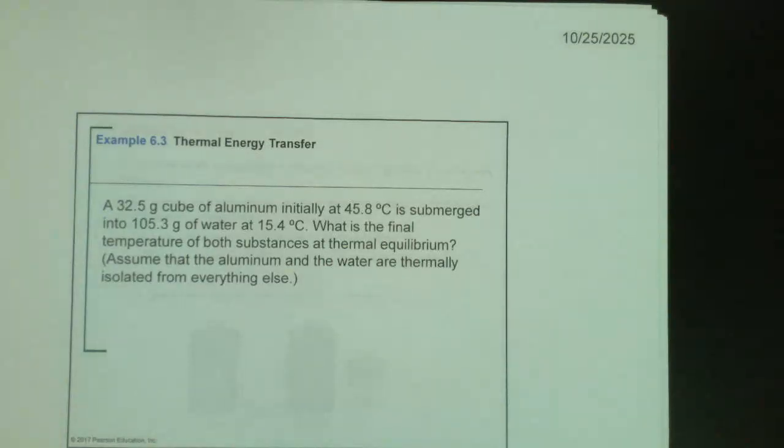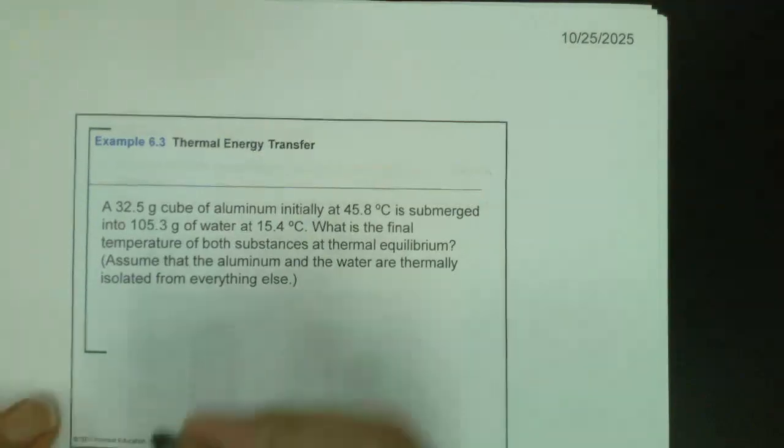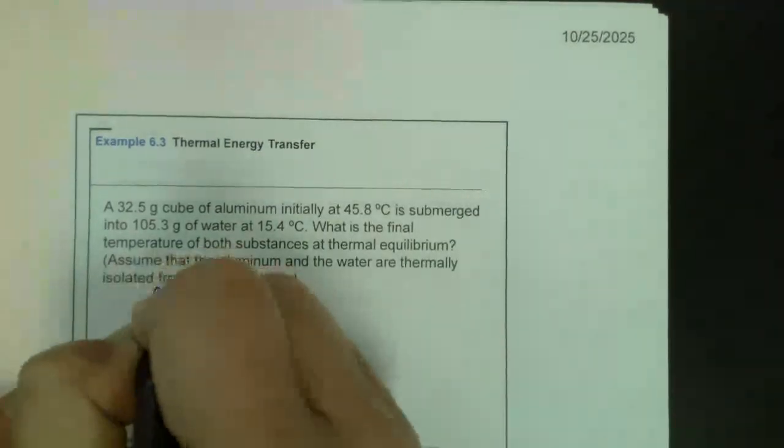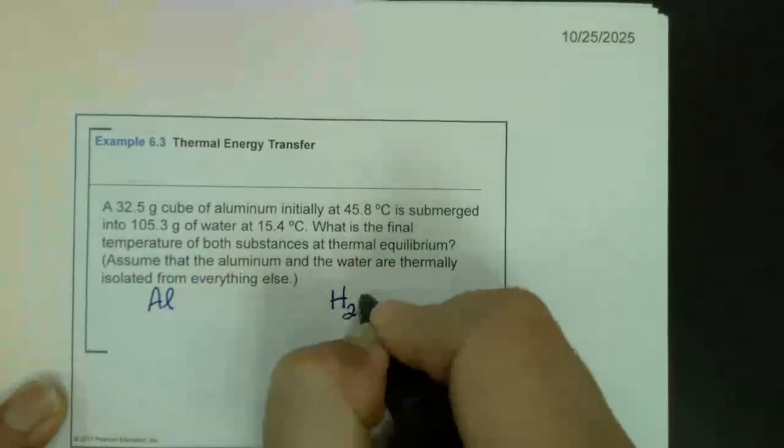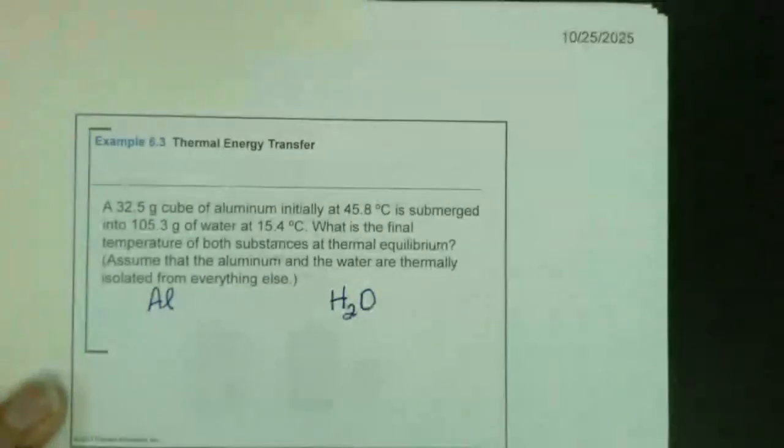So first thing I like to do here is set up what data goes with what, because we're going to have to keep two different things straight, our system and our surroundings. So my system here is going to be my aluminum. My surroundings here are going to be my water, okay?